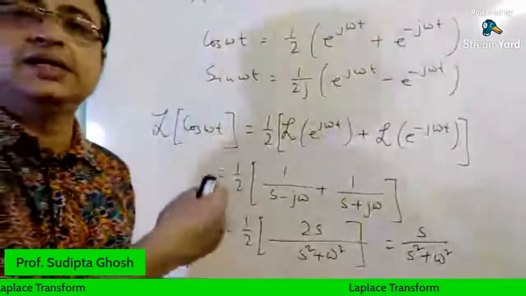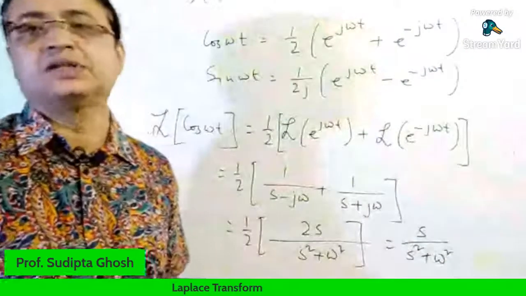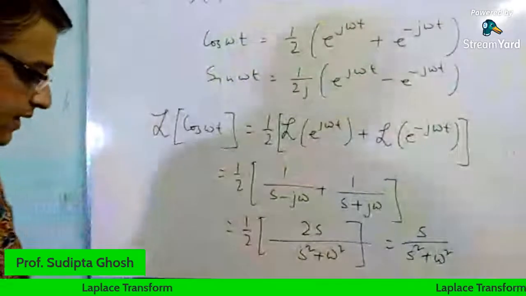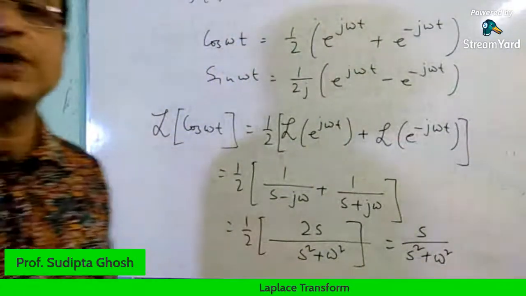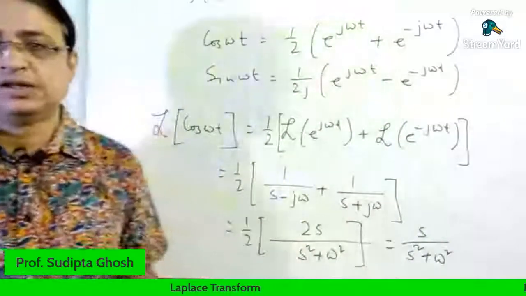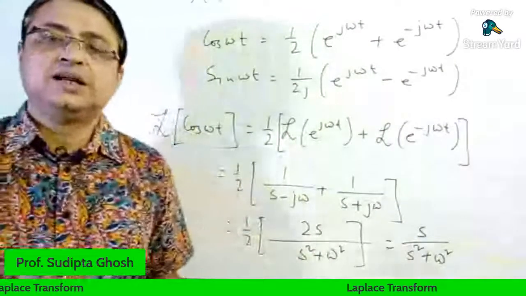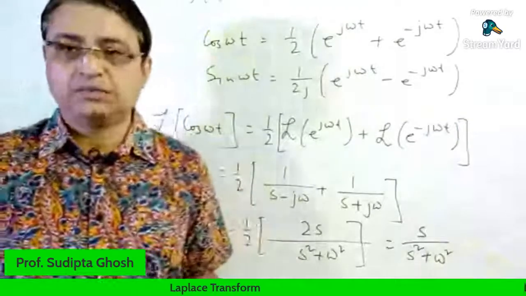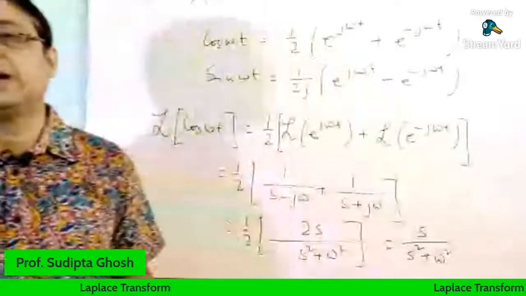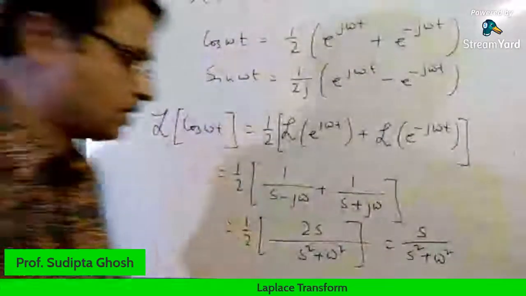Proceeding in the similar manner, you can find out the value of Laplace transformation of sine omega t, and the value becomes omega by s square plus omega square. So you can do it later on. That is Laplace transform of sine omega t, and the value becomes omega by s square plus omega square. Okay?